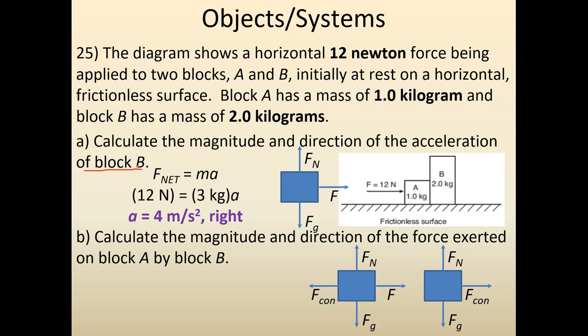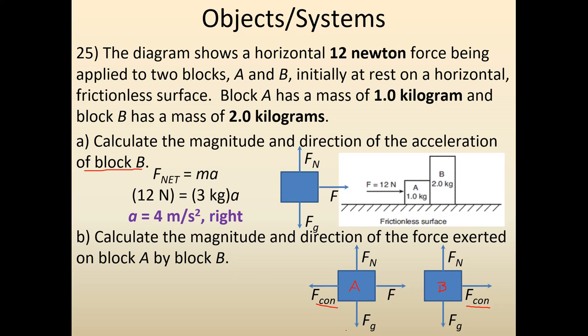Now, I have my choice between which FBD I want to use. As I said before, the contact forces are equal and opposite. So even though they technically specify that they want block A's contact force, that's the same as the force on block B. So what I can do is I can do B and then it will be the same.